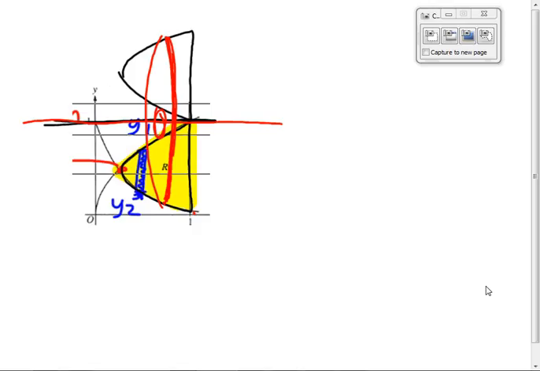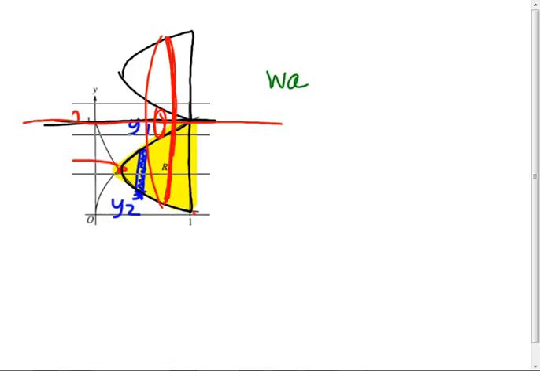This is tricky now. The one we did in class was actually easier. This is a washer, right? So how do you find the volume for a washer? It's pi, big radius squared, minus little radius squared.